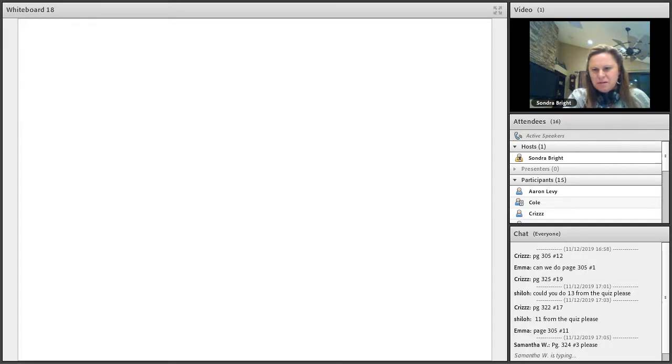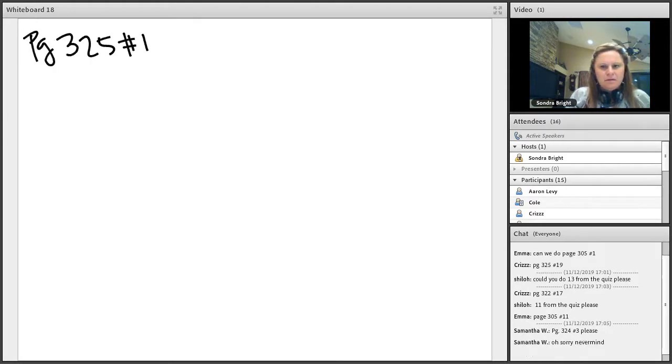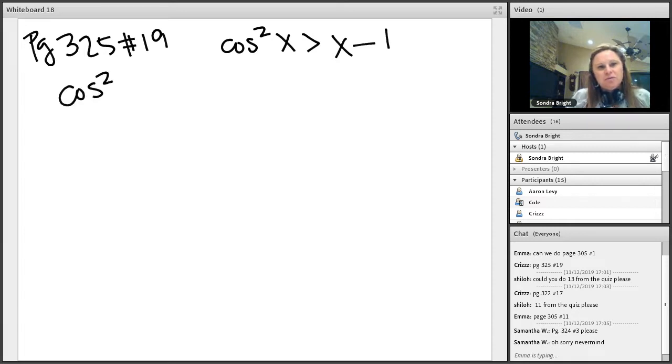Page 325, number 19. We've got cosine squared of x greater than x minus 1. So what you want to do is get everything over to one side. So I'm going to subtract the x and add the 1, and then I've got greater than 0.